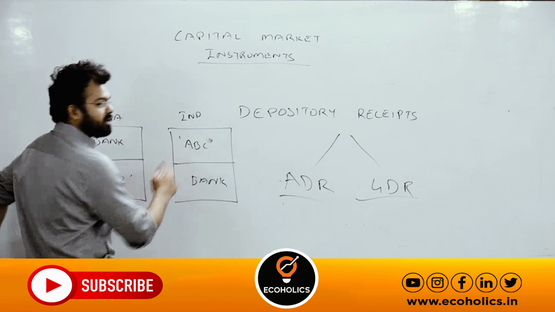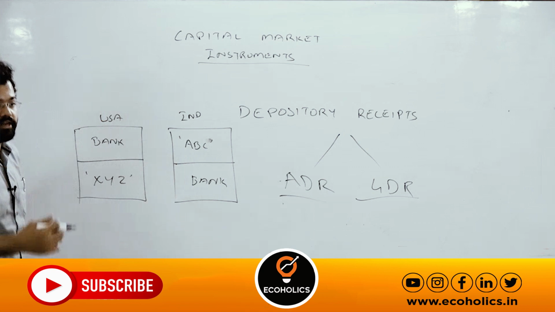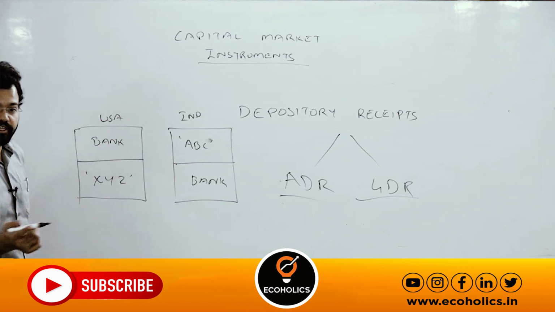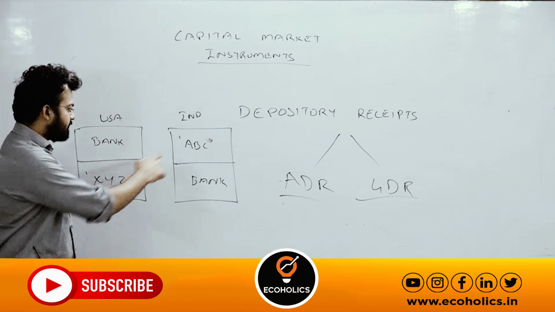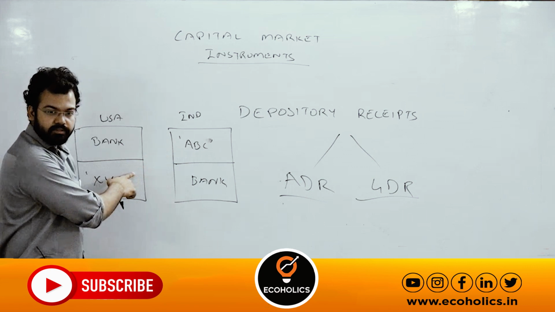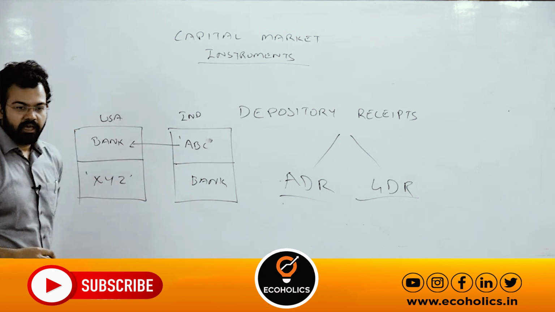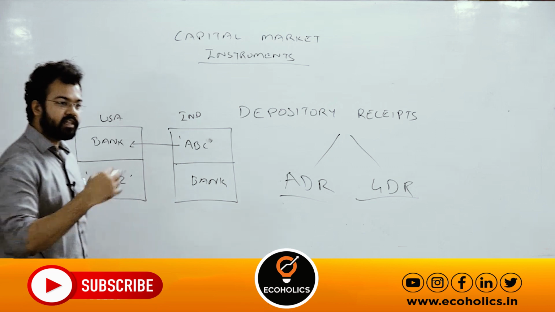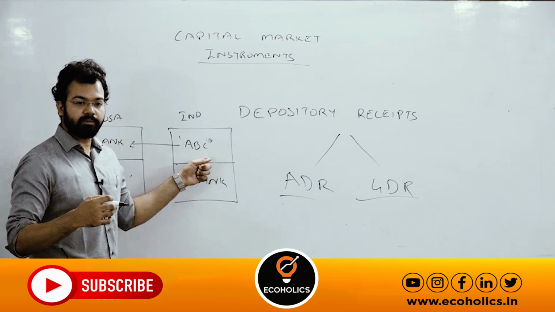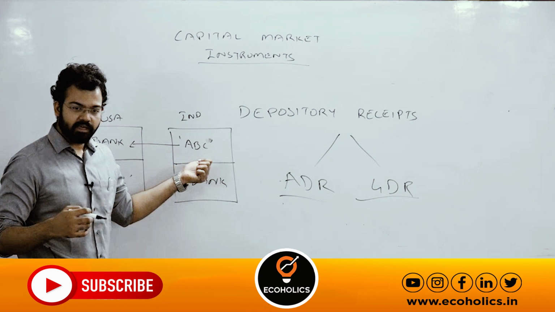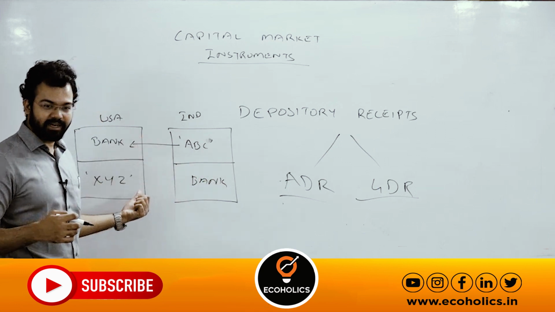If this company wants to sell its share in the foreign market, but does not know this market, so it will approach an American bank, and the American bank will sell the share of this ABC company on behalf of ABC in the American market.